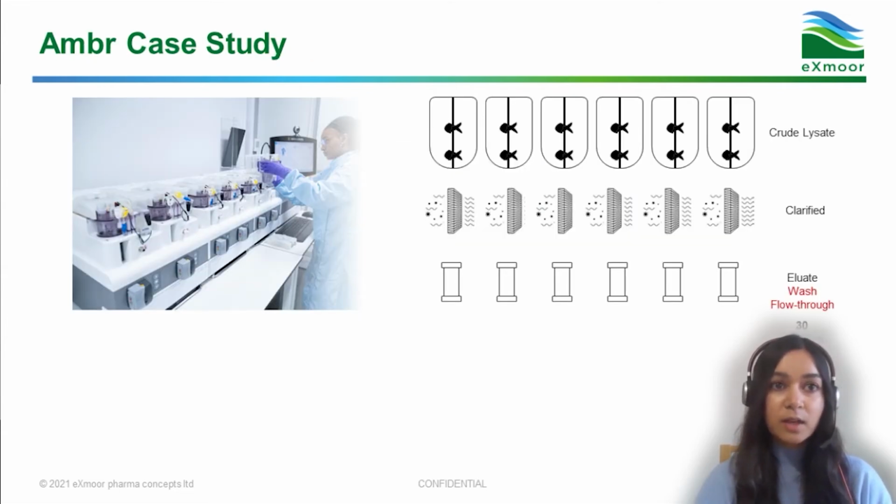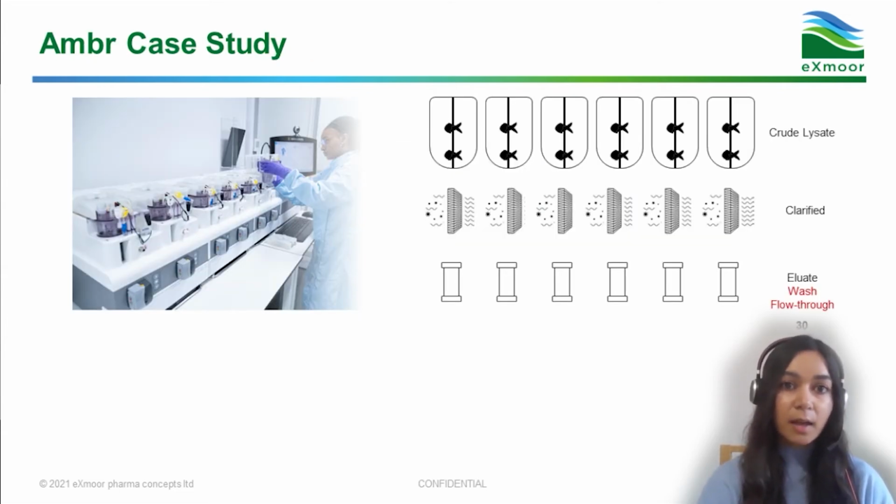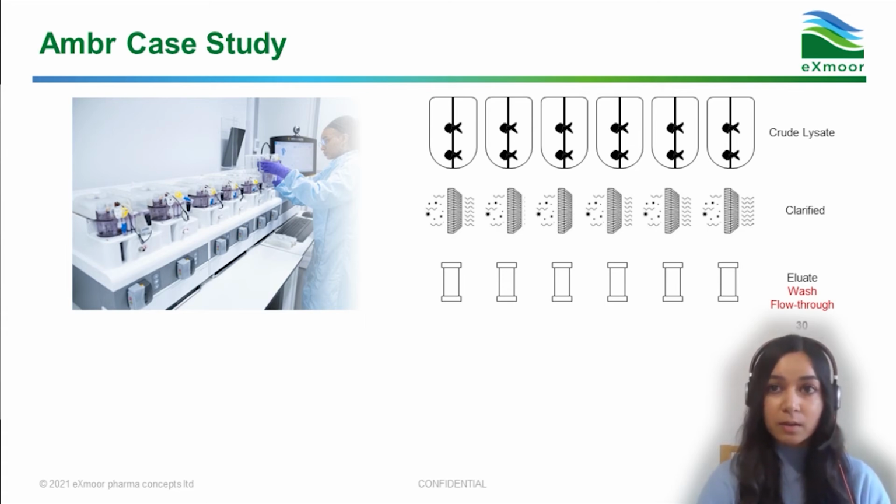So, as I mentioned earlier, a challenge in process development is the vast number of analytical samples. And so, throughput is a critical parameter to making informed process decisions. So, we often run AMBER 250 miniature bioreactors. And you actually can see a picture taken from within our lab of the AMBER 250 bioreactors on the left there.